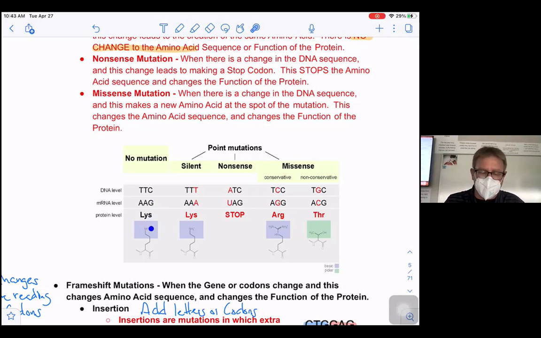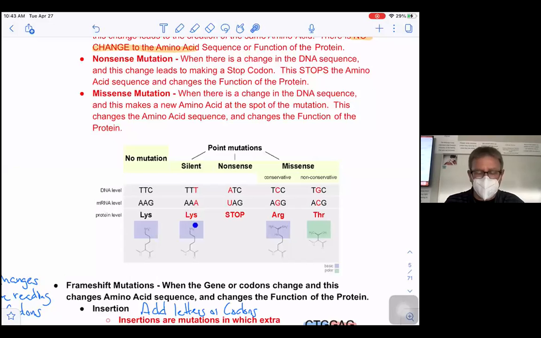Now, in the silent mutation, instead of TTC as our original strand, we get TTT. That changes the codon to AAA, which doesn't actually change the amino acid, and that's where the silent part comes in. The codon still codes for the same amino acid, lysine.